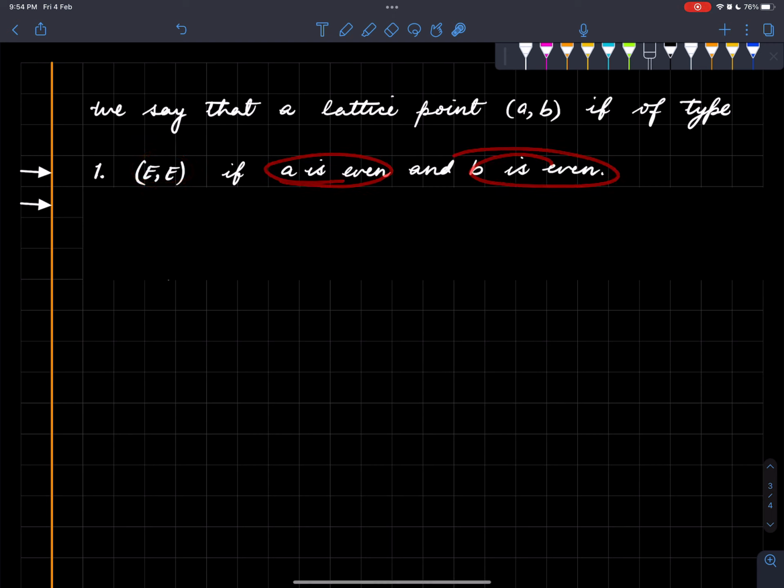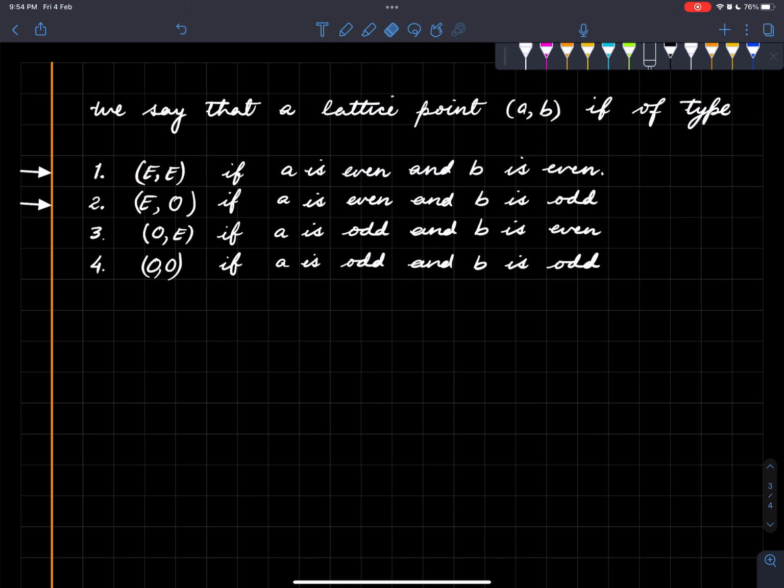So this capital E denotes even. If both of the entries are even, then we'll say it's type EE, and similarly, if the first is even, the second is odd, then it's EO. If first is odd, second is even, then it's OE, and if both are odd, then it's OO. So we just record the parity of the integers in this data.